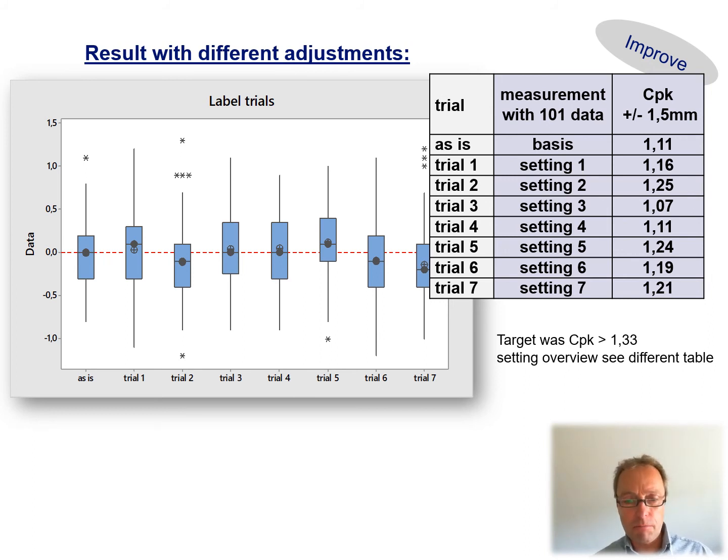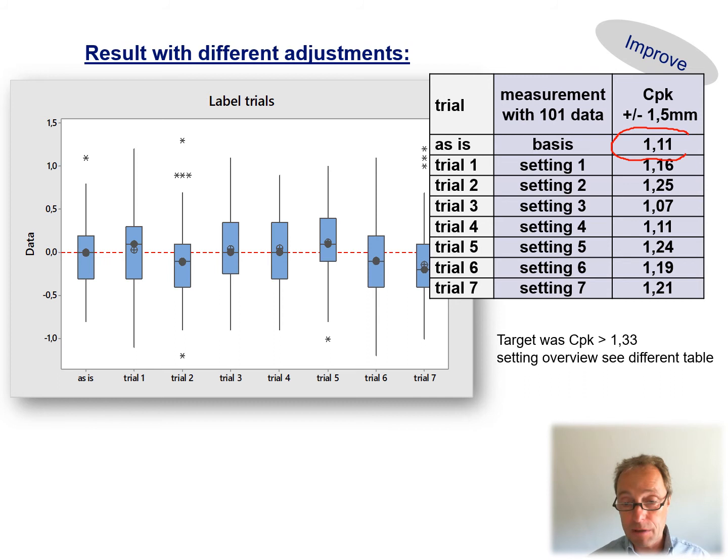From the different trials we have just seen, I made a box plot out of this, and a small table where we can see the results of the different adjustments and new settings. We wanted to have a CPK better than 1.33, and we came from 1.11. We see that this is more or less dancing around the 1.11.